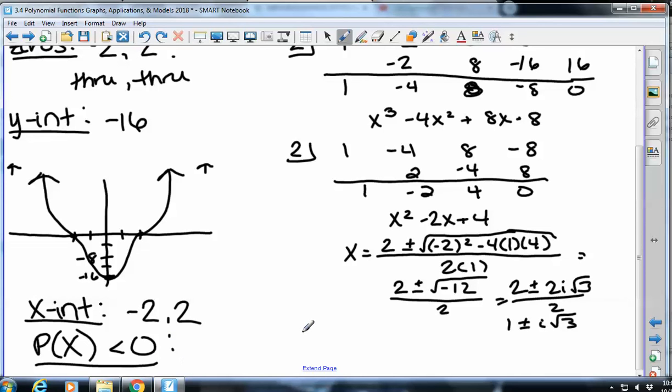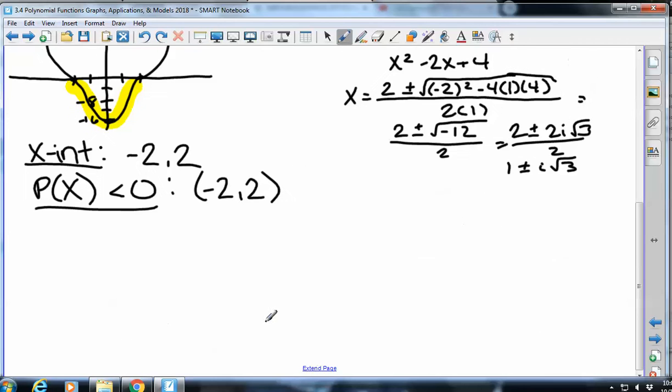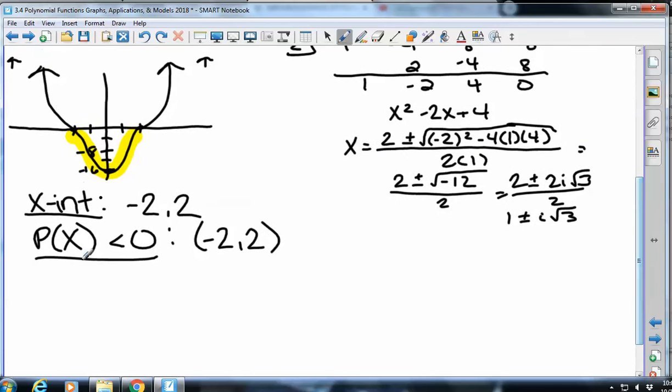Where is this graph less than 0? Less than 0 means below the axis, so that happens on this little section of it. So it's between those two zeros. It's on the interval negative 2 to positive 2. It equals 0 at positive and negative 2. Below, in between those, you're below.